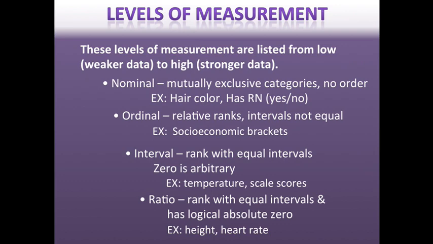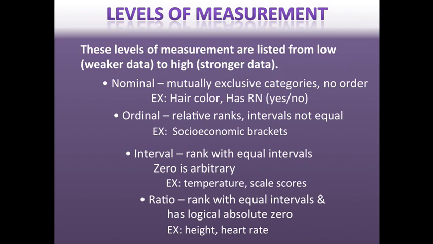Well, yes or no. That would be nominal data. Or what is your hair color? Well, black, brown, red, purple, whatever it happens to be. It's just information. How many people have X, Y, or Z hair color. Now, what's important here is that there's no ranking to the hair color, right? Does red hair go before black hair, or does it go before green hair or brown hair? There's no sense in which one is higher than the other.